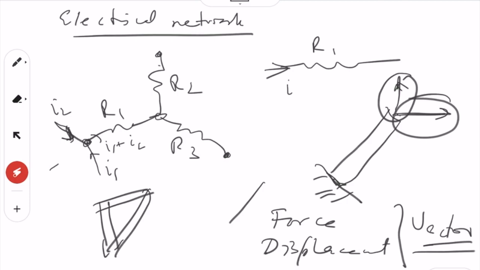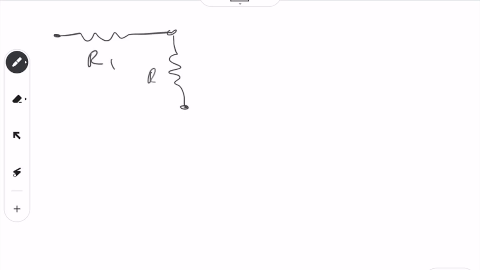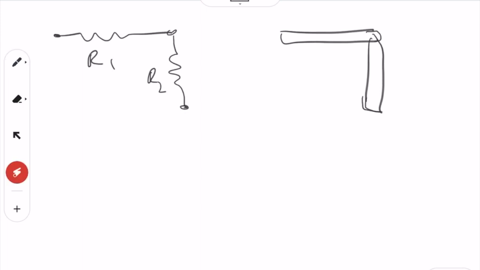Yeah. So, what I mean to say is the difference between an electrical circuit, like if the electrical circuit is like this one, right, and this is R1 and R2, and if you have a bar which goes like this and this, both have different meanings. In this one nothing will change.